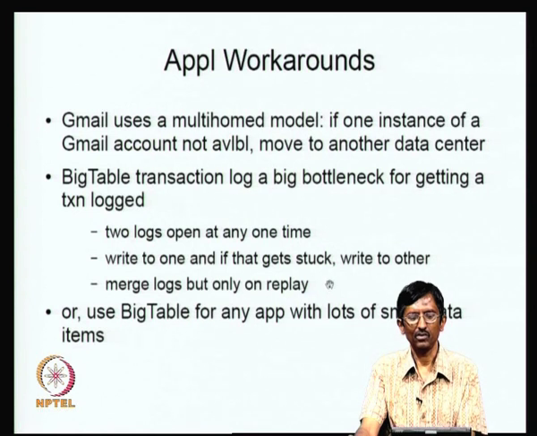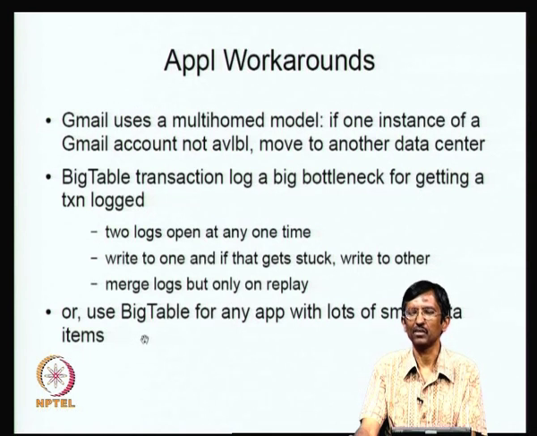So there are various issues of this kind that have cropped up, and various people have tried various different things. The other approach is to use a completely newer type of infrastructure on top of GFS, which can be used to handle many of these issues, and that particular model is called BigTable. It's for any application with lots of small data items.